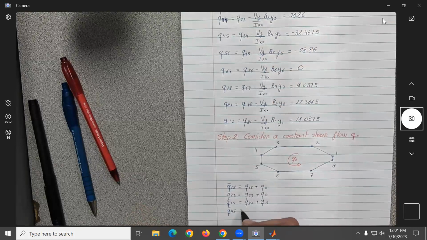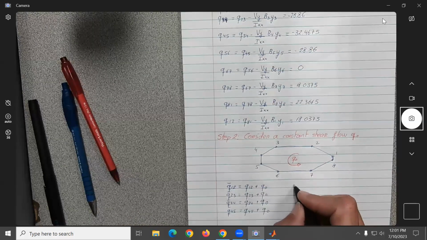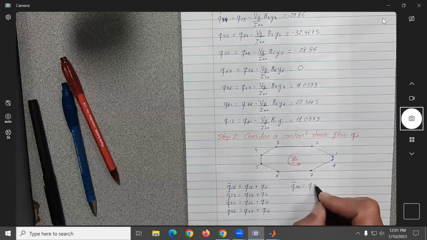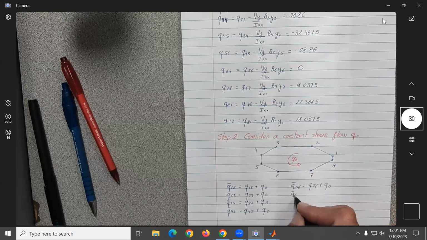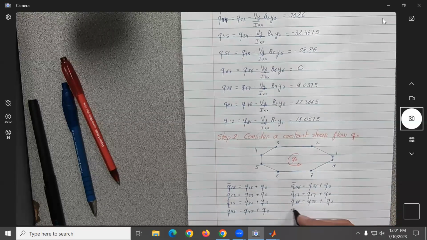Q bar 45 will be Q45 plus Q sub naught. Q bar 56 will be Q56 plus Q sub naught. Q bar 67 will be Q67 plus Q sub naught. Q bar 78 will be Q78 plus Q sub naught. And Q bar 81 will be Q81 plus Q sub naught.